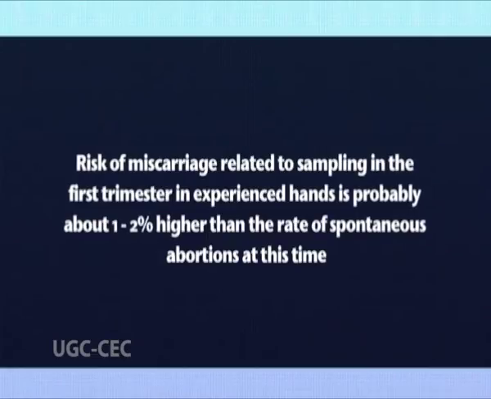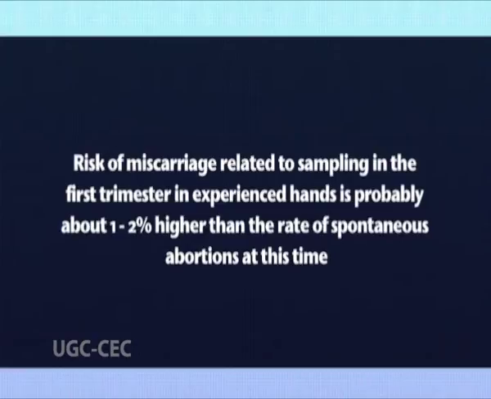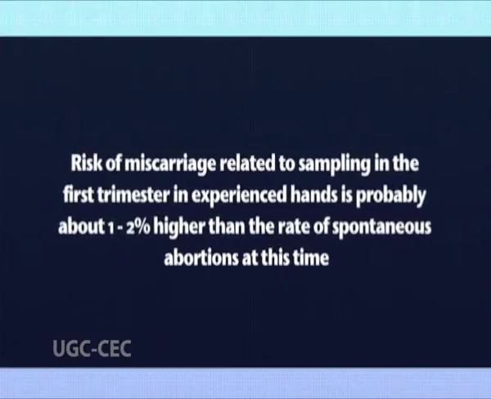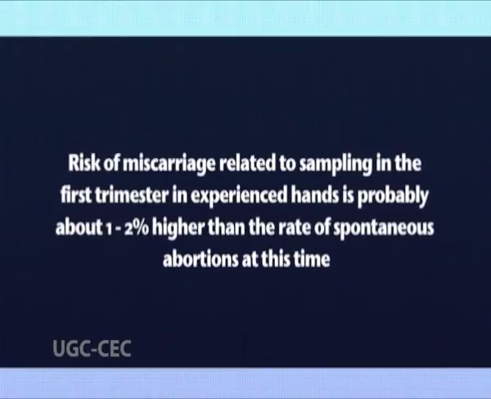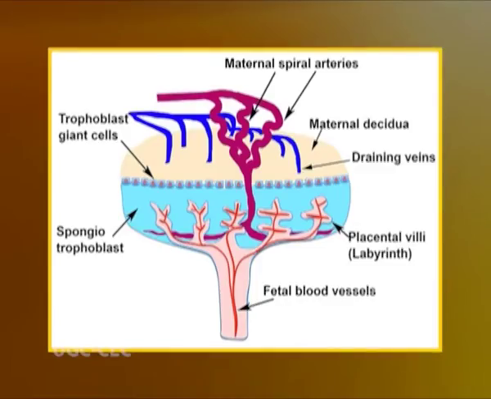The risk of miscarriage related to sampling in the first trimester in experienced hands is probably about 1 to 2% higher than the rate of spontaneous abortions at this time. Dissection of fetal chorionic villus material from maternal decidua permits analysis of the fetal genotype.